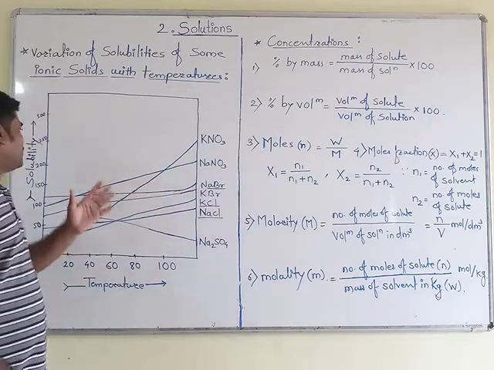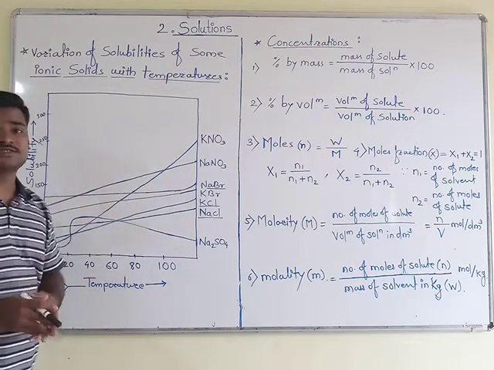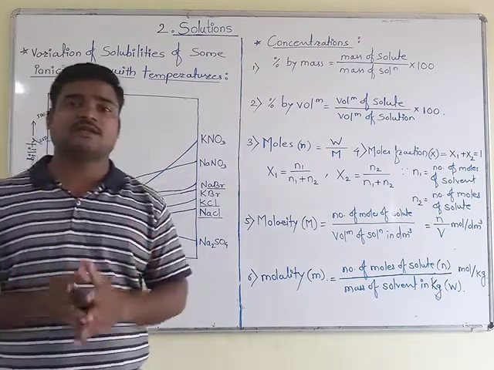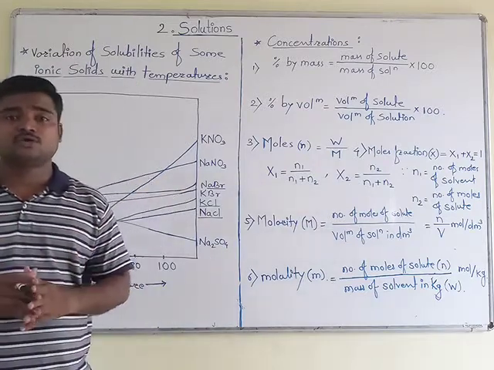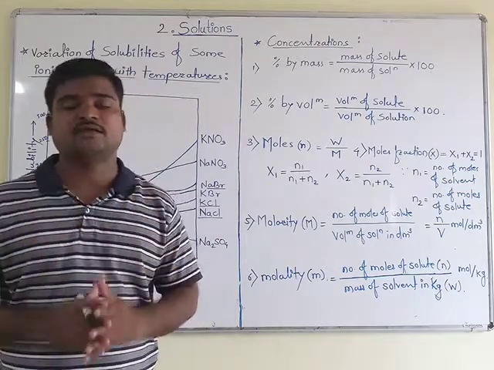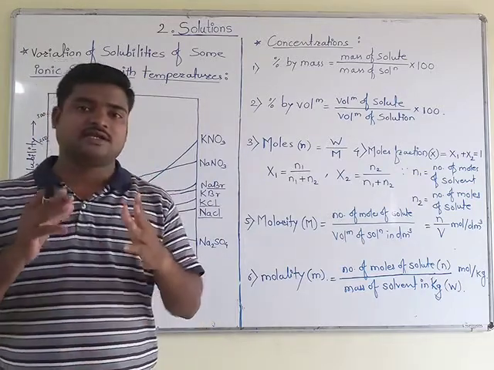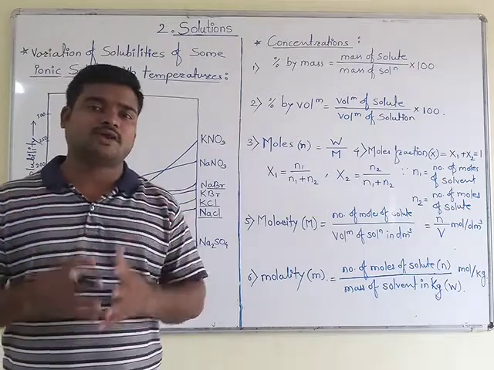Now look here. If we generally consider any chemical compound, its solubility increases with the increase in temperature. Why does it increase? Generally, a 10 degree rise in temperature increases its solubility twice.